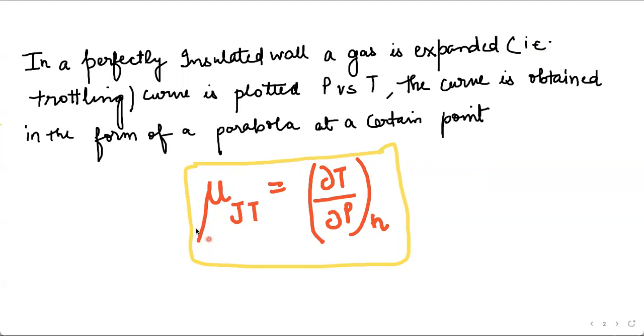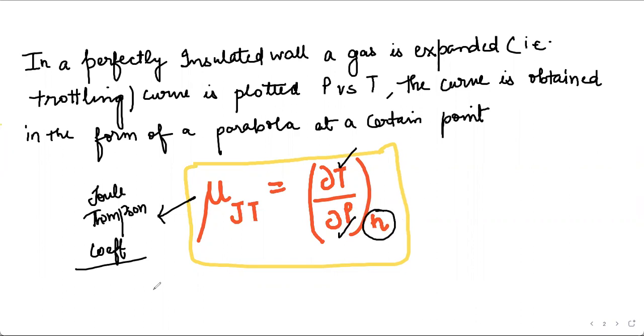So this is the basic equation of the Joule-Thomson coefficient, mu JT. It is known as your Joule-Thomson coefficient. It is the partial derivative of temperature with respect to pressure at constant enthalpy.